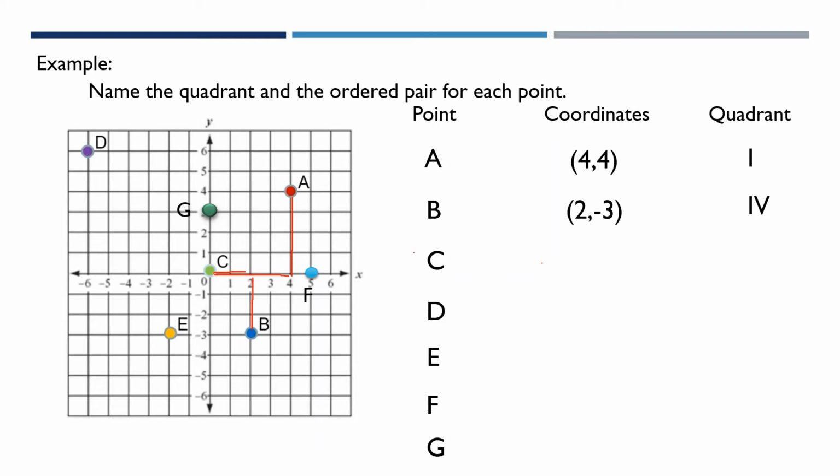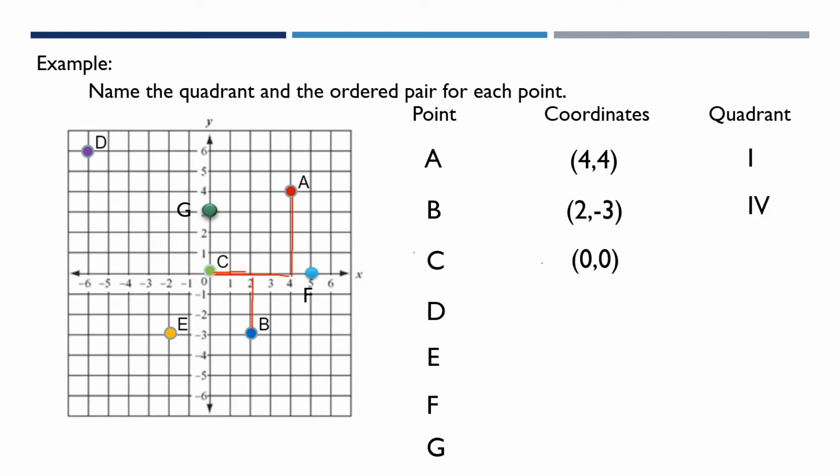Tingnan naman natin ngayon yung point C. As you can see, point C ay hindi man gumalaw sa horizontal movement or vertical. So, mapapansin natin that point C is located on the origin. And remember that origin has the coordinates (0, 0). So we can say now that point C, the coordinates are (0, 0).